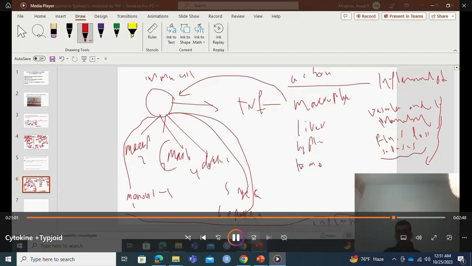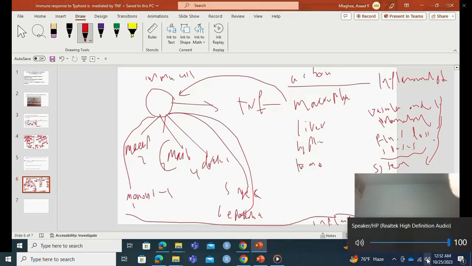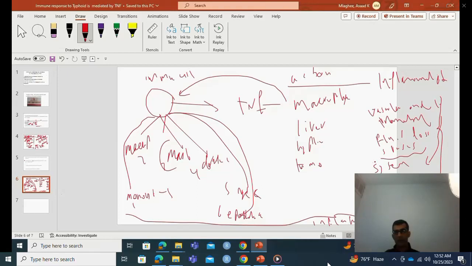When the bacteria are distributed to all or most of the organs, it's called systemic shock or septic shock. It also results in the acute fever phase. In systemic shock, most of the organs, the kidney or the heart, are going to be affected. So this is the life-threatening event and the severe condition.